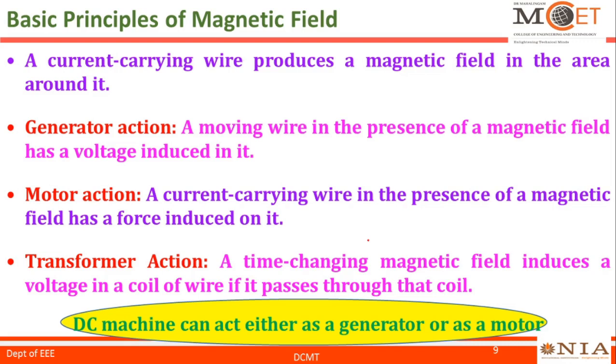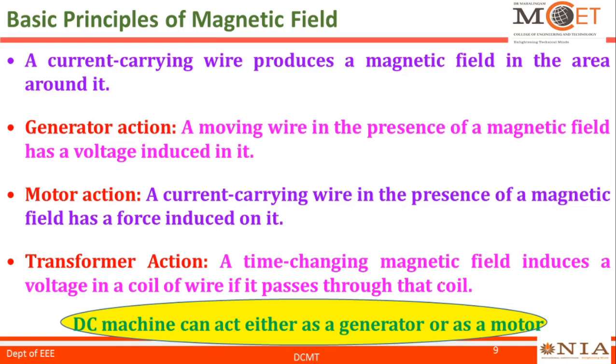The basic principles of magnetic fields are: a current carrying wire produces a magnetic field in the area around it. Generator action: a moving wire in the presence of a magnetic field has a voltage induced in it. Motor action: a current carrying wire in the presence of a magnetic field has a force induced on it.